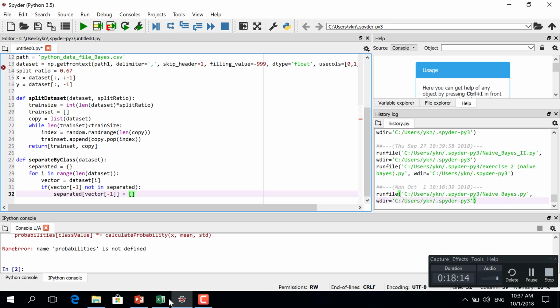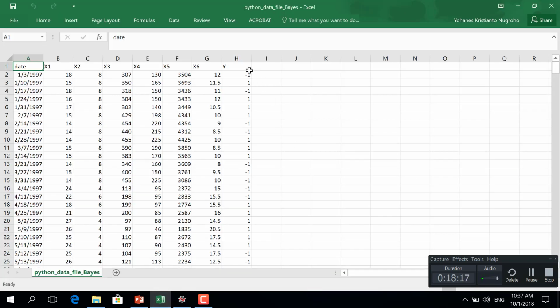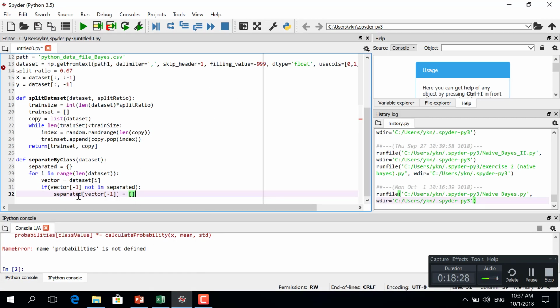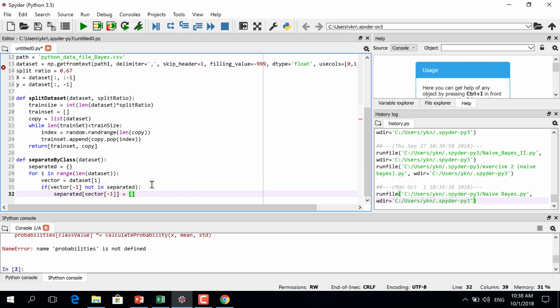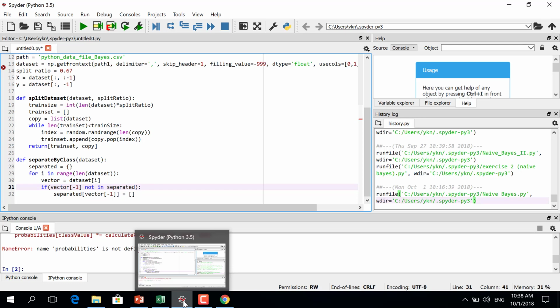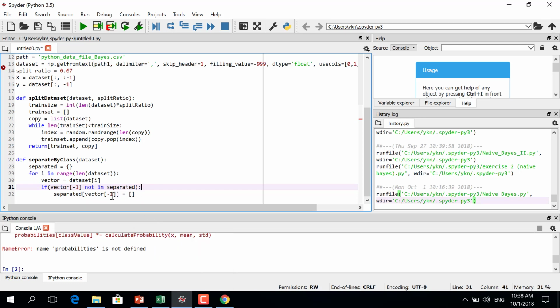For instance, if we have -2, it is not within -1 and 1. Sorry. The equation means that if the factor -1 is not in separated, meaning it is not in the data set for training, then the separated factor -1 is put into this bracket, meaning it should be in the train set.